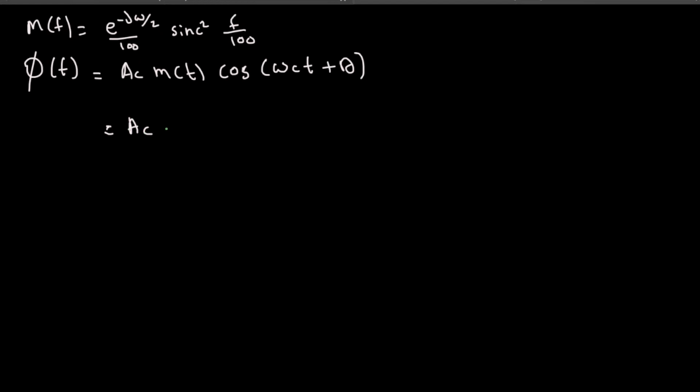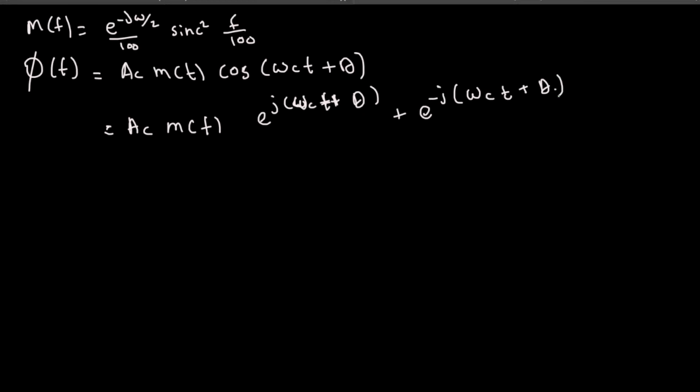Instead of cos we can put e power j omega_c t plus theta, whatever is inside the cos function goes in the power, plus e power minus j omega_c t plus theta, and the whole thing divided by 2. This is equivalent to the cos part.